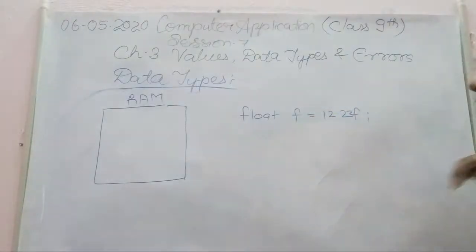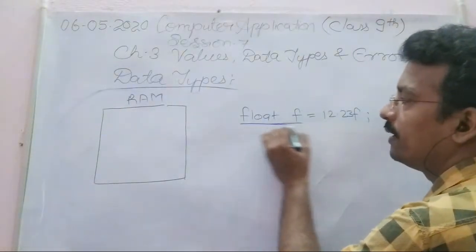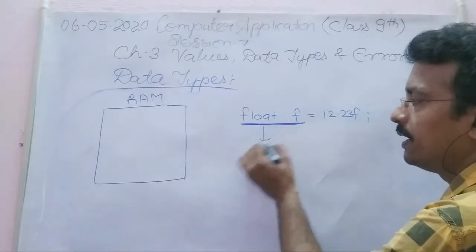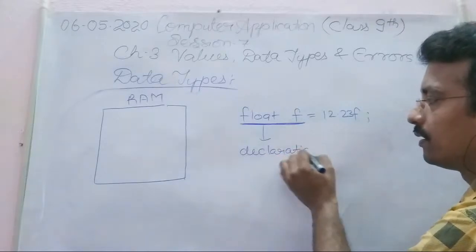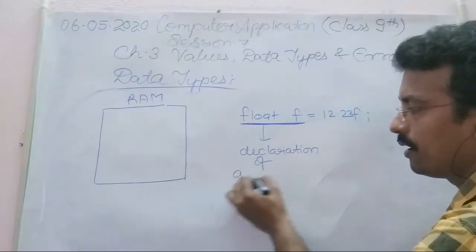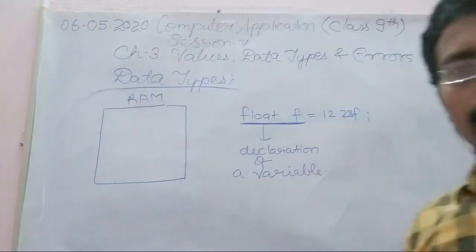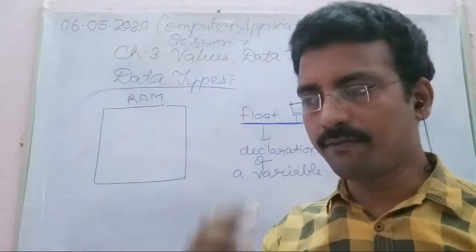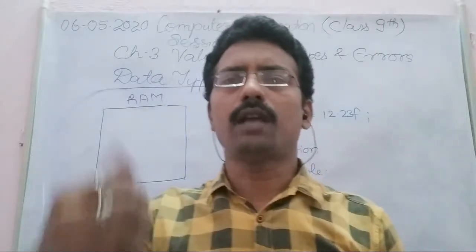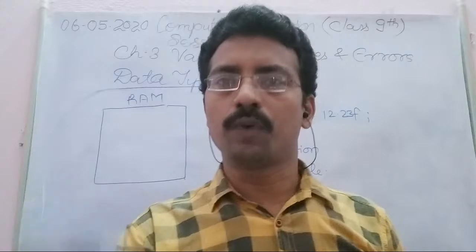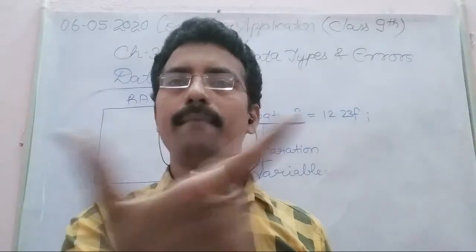This is the line that is going to perform two operations. Operation 1, this is called the declaration of a variable. Whenever it is asked, what do you mean by declaration? So giving name. Declaration means assigning name. When we assign the name to a class, it is called class declaration. When we assign the name to a method, it is called method declaration.